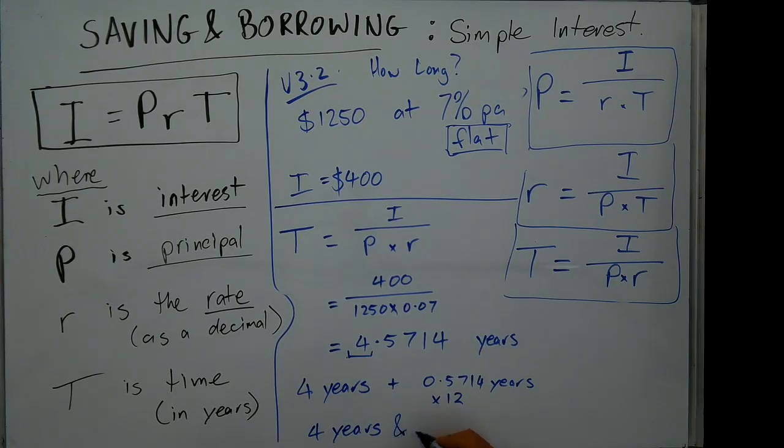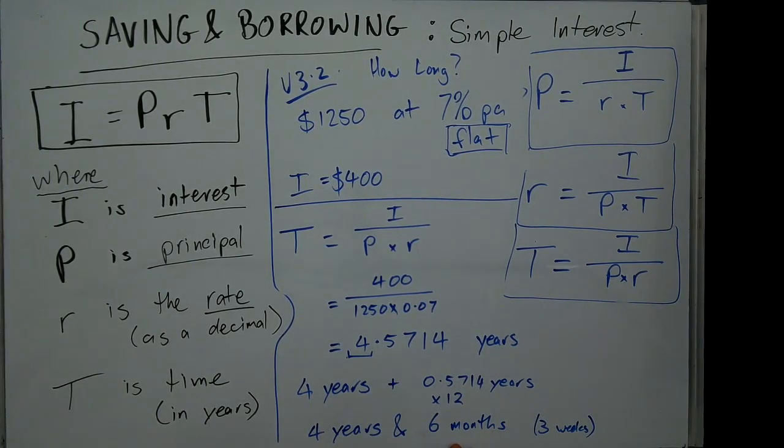So with this number in my calculator, I'm just going to take this 4 away to leave me with this number. Multiply by 12, we get 6.857. So the 0.8 means almost 7 months. So it's probably 6 months and about 3 weeks. That's not so important.